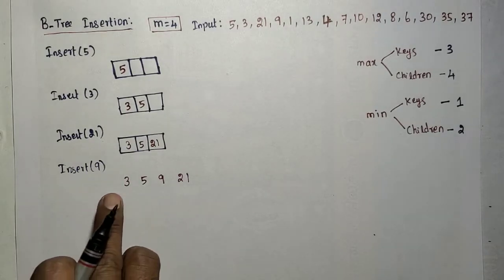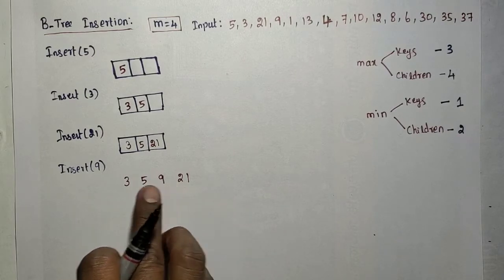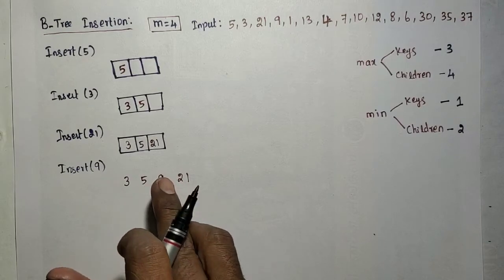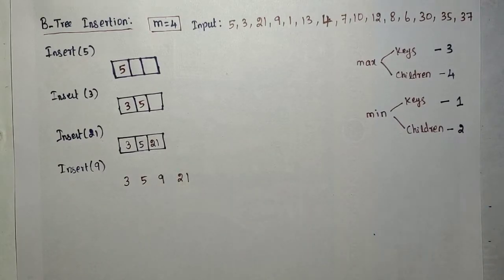Here the middle element is either 5 or 9, you can choose either. You can design in the algorithm which one you are going to choose as the middle element.